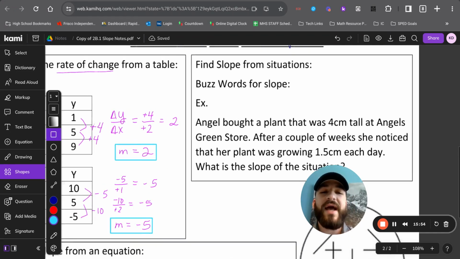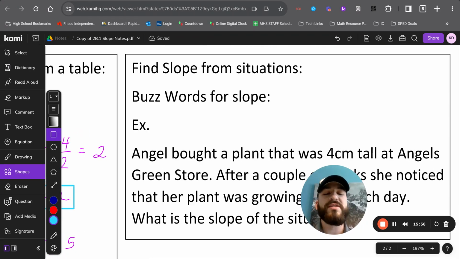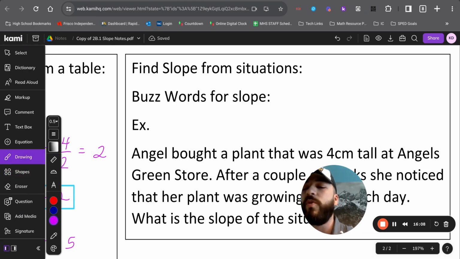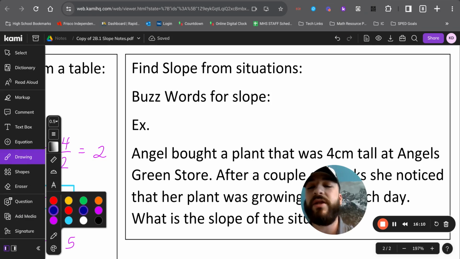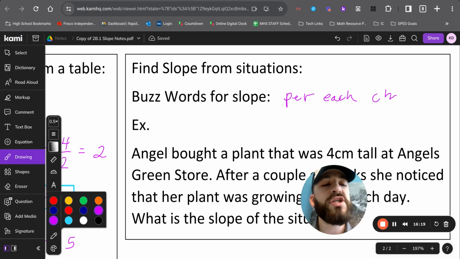And to help us out, we want to think of some words that could tell us slope. So remember, slope is a rate of change. It's comparing the change in y to the change in x. So it should be comparing two different quantities or two different amounts. Some of those words we want to look for when we're thinking about slope would be per, each, maybe changing.